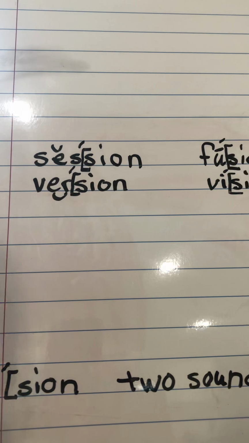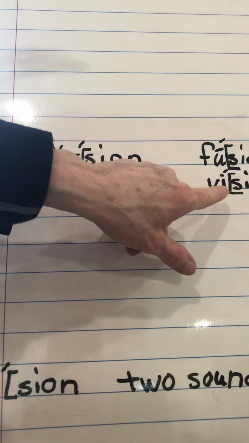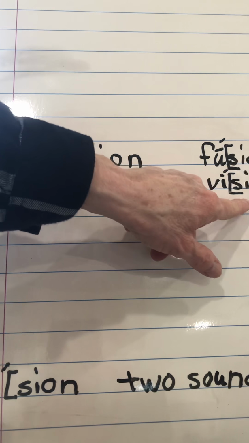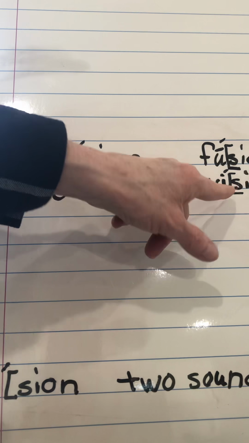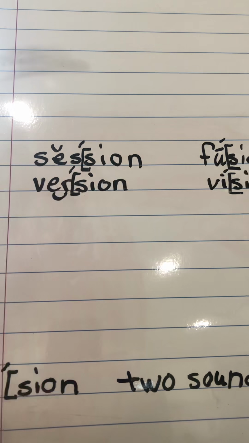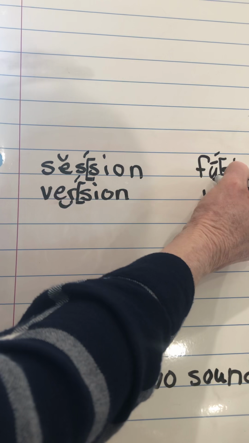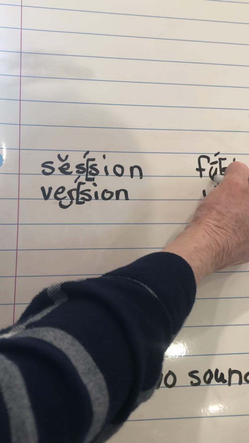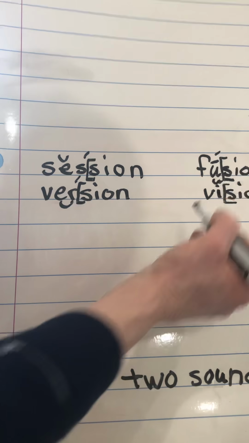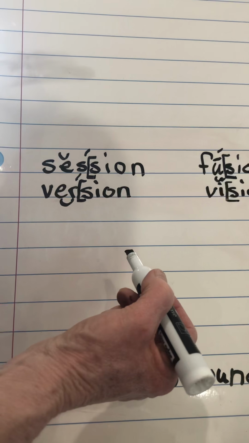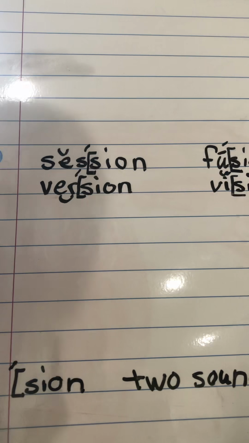Now I look at this and I say, oh, Mrs. Henley, I have a vowel here. I'm going to code it with a macron. And I'm like, but vision, I've never heard of that word. But I do know a word named vision, or a vision. You correct your vision with glasses. So we would have to code it with the short sound.